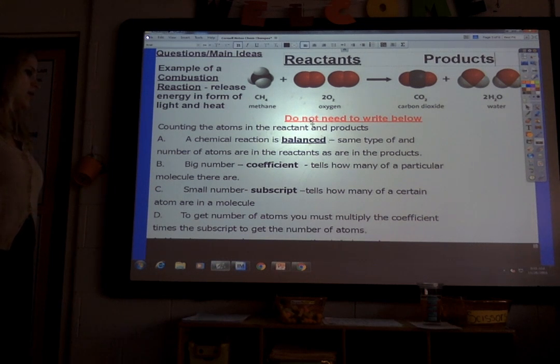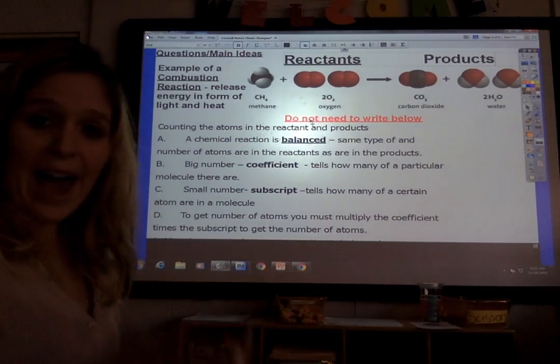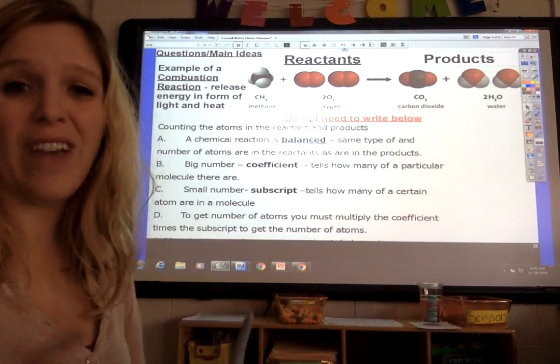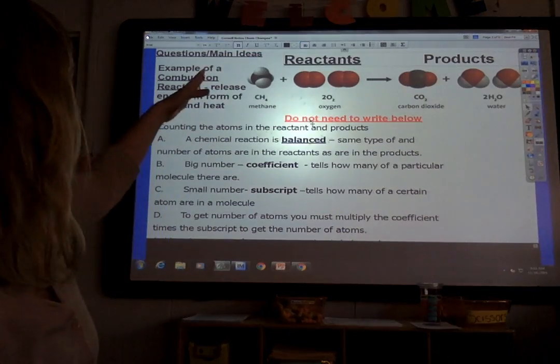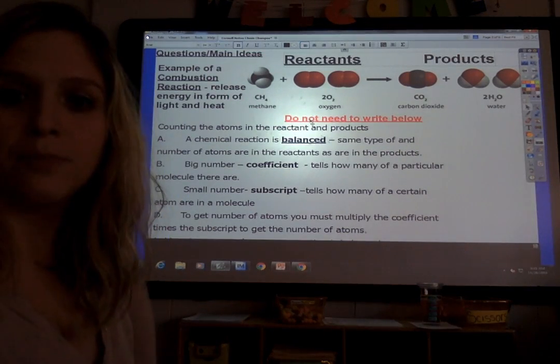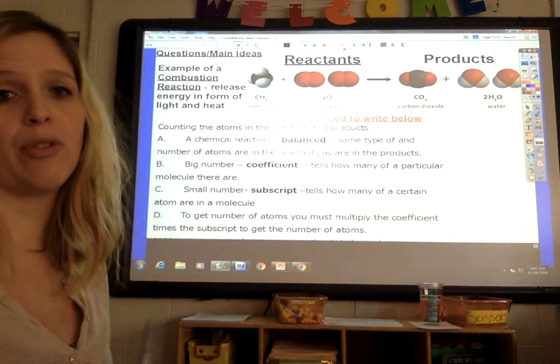So, what we're going to figure out now is, is this a balanced equation? What that means, when you have a chemical reaction, you have a certain amount of atoms and substances that go into the reaction. That's the reactants. Now, after a chemical change has occurred, you have completely new substances created.